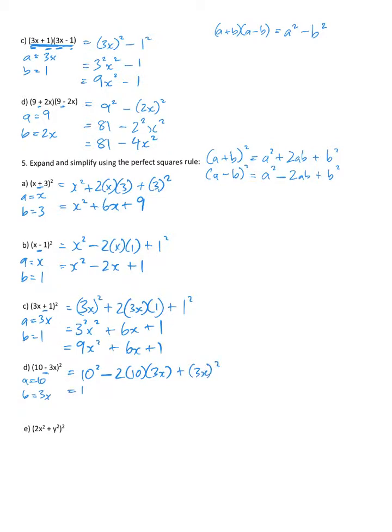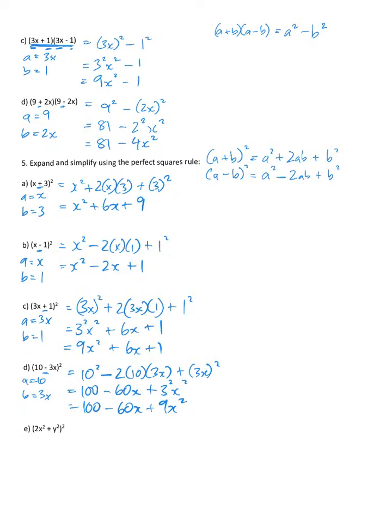So 10 squared is 100. Negative 2 times by 10 is negative 20. Negative 20 times by 3 is negative 60x. Plus 3x, squaring it is, the square applies to 3. The square applies to x, it's 100, take 60x plus 9x squared.